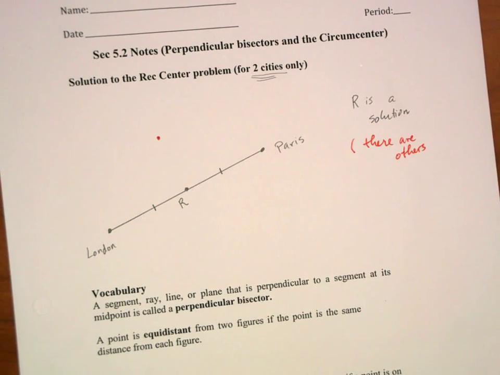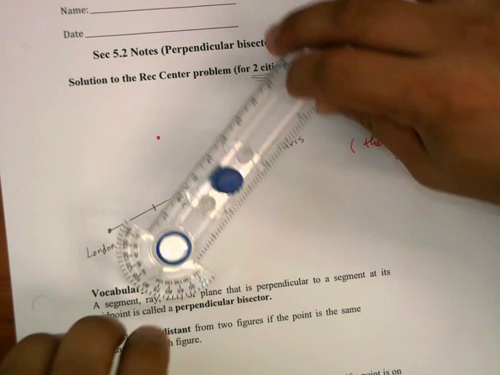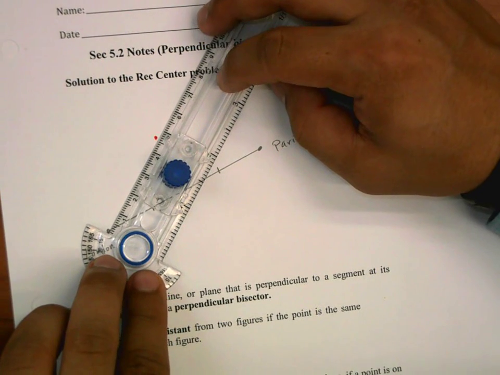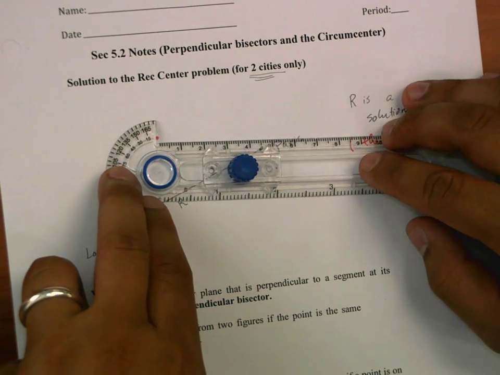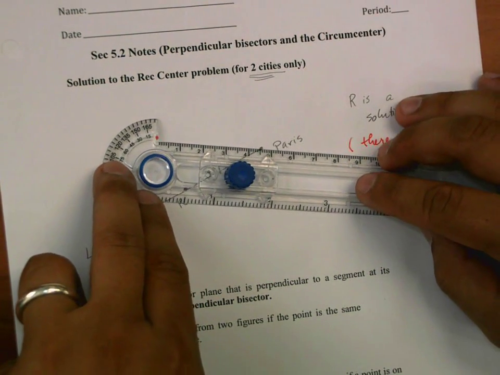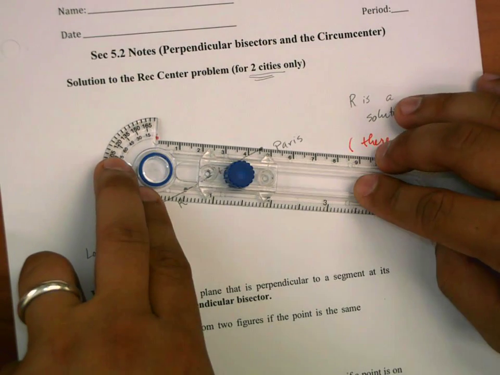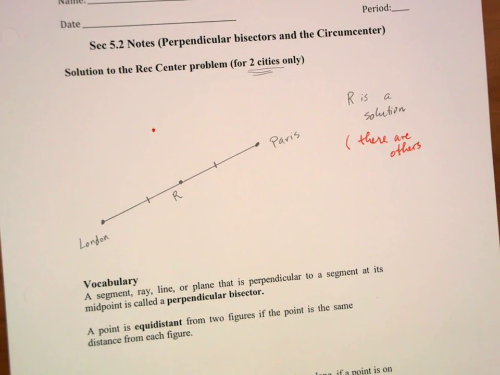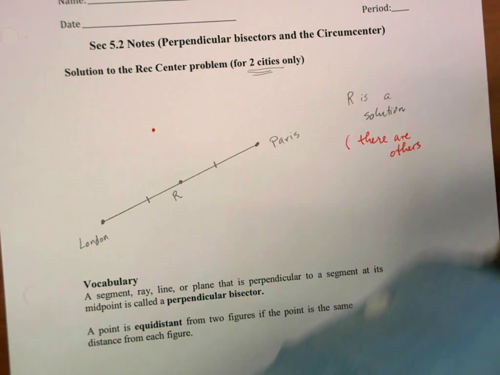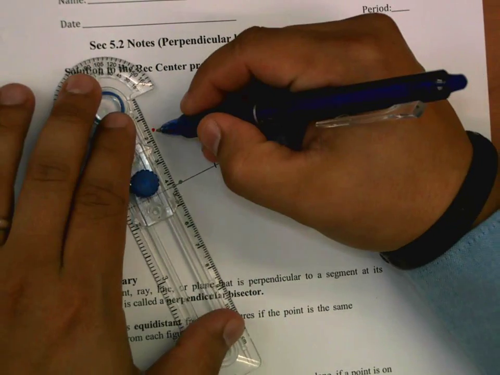And this red dot is also a solution. And just to prove it to you, I can take my ruler and measure this. It's about 4.5, and over here that's 4.5. So the red dot is also a solution, and I bet I can find yet some more.